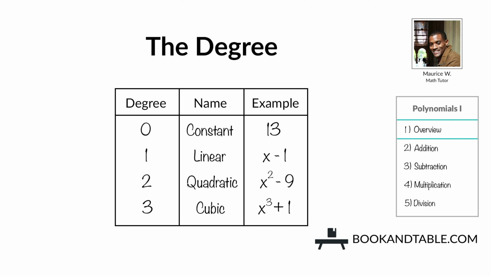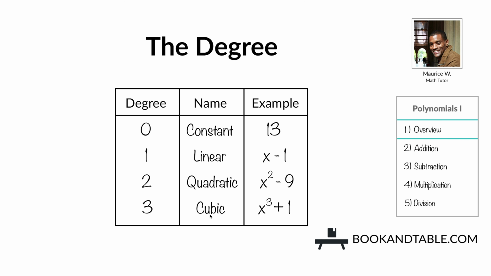You also have quadratics that have a degree equal to 2 because the largest exponent in the expression is equal to 2. So x squared minus 9, for example, is considered a quadratic expression, and quadratics have a degree equal to 2.